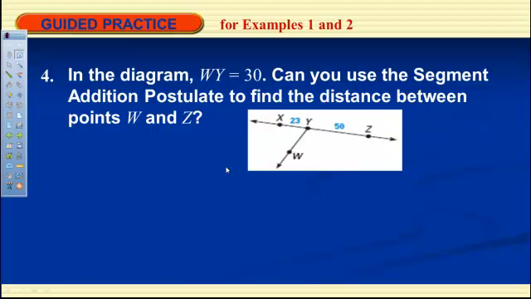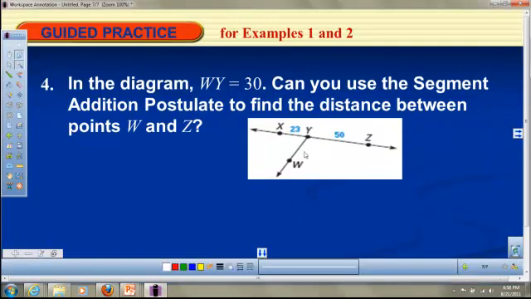All right. It says WY is equal to 30. So I'm going to write that in here. Oh, that's right, I got to use a different color, sorry. So this is 30, okay? Can we use the segment addition postulate to find the distance between W and Z?